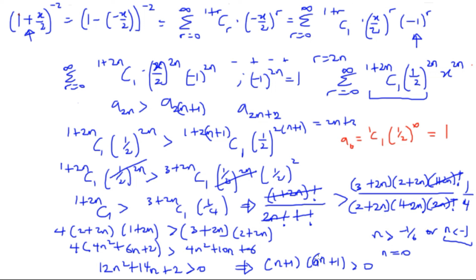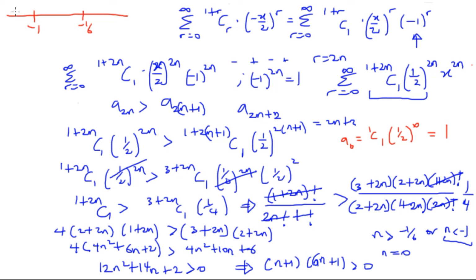If you want me to explain this quadratic, let me just quickly do that. But you can also check my video where I already talked about how to solve for quadratic inequality. So what you will just need to do, you can find the zeros of this quadratic, and the zeros of that particular quadratic should be minus 1, that is n plus 1 equal to 0, and then the other one should be minus 1 over 6.